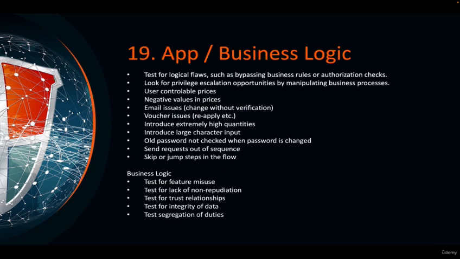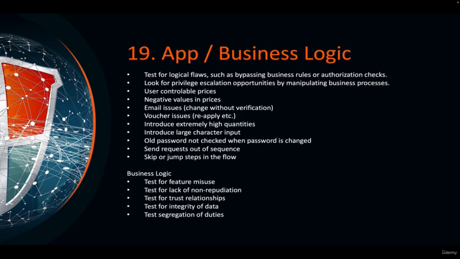Application business logic. This is pretty much impossible to put on one single slide because that can be anything, right? Those are logical flaws in the business process. Just a couple of examples: user can control the prices of a shopping cart. User can put in negative values and prices.